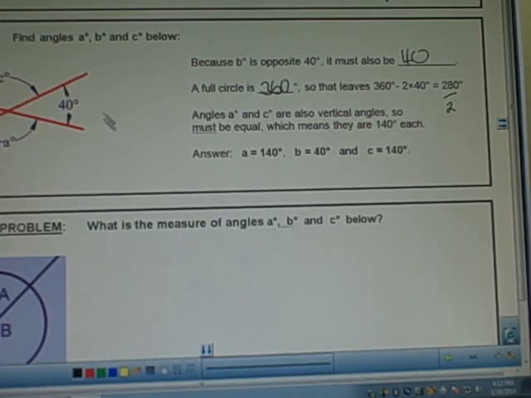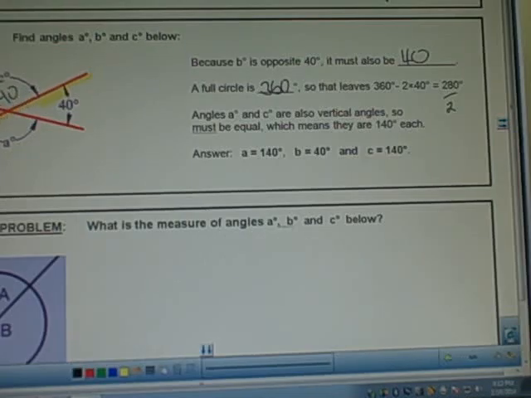Now another way to do this would be to think about this in regards to a straight angle that we learned about yesterday. So we know that this line is a straight angle. And if we know what B is, as we do, because we know that D, its vertical angle, is 40 degrees, then we know that this angle must be 140 degrees, because we know that a straight angle is 180 degrees.